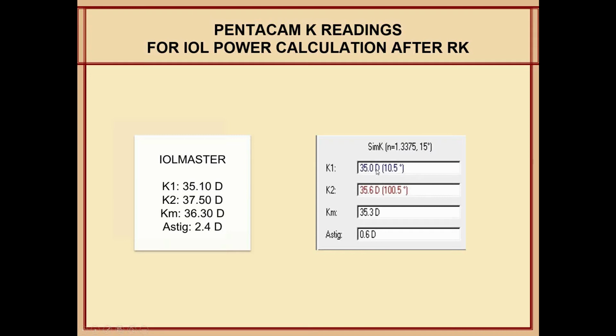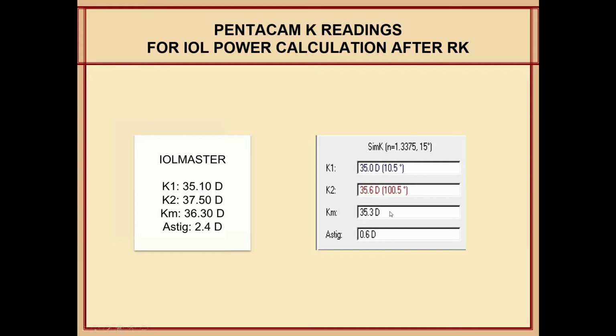But the SIM-K, when I looked at it more carefully, shows that the amount of astigmatism is 0.6 diopter only, and not 2.4. And the average K is 35.3 and not 36.3. That would have made not only a big difference, a more hyperopic eye, but I would have also corrected the wrong amount of astigmatism.